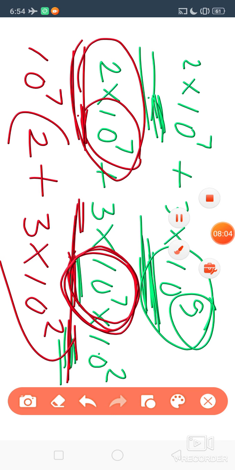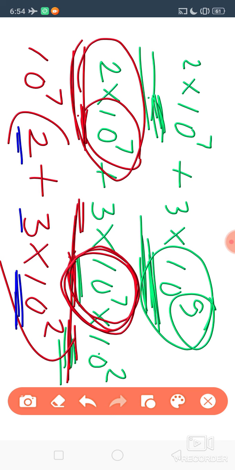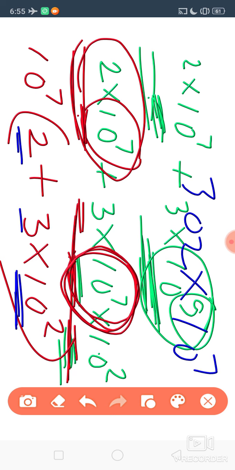This 10 to the power 2 means how much? 100. So 3 into 100 will get 300 and plus 2 will get 302. So overall we'll get 302 into 10 to the power 7.